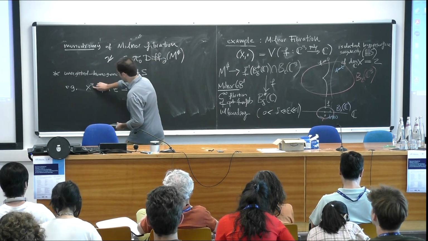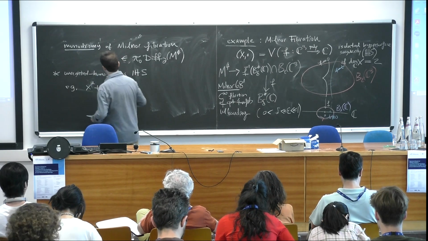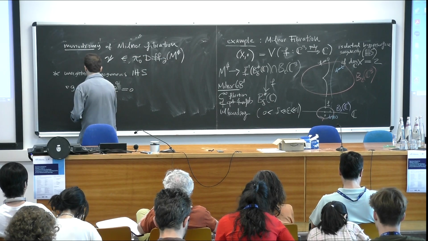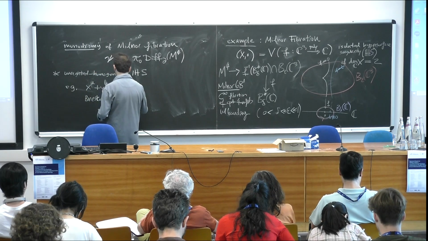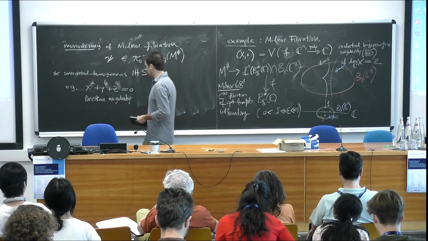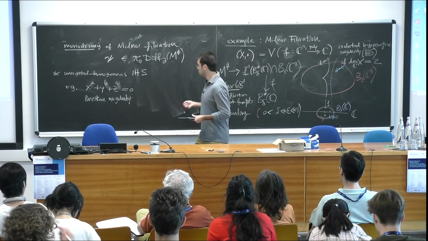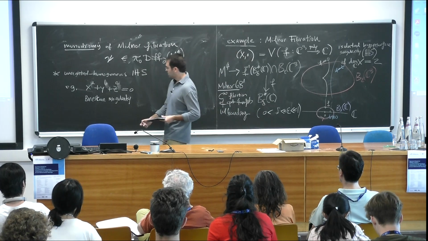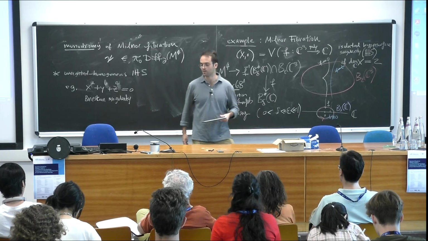More generally, you can look at exponents A, B, C, and this is the so-called Brieskorn singularity. Here weighted homogeneous refers to the fact that there's a C-star action on the affine space C3 whose weights are positive and which makes this equation homogeneous with respect to that C-star action.